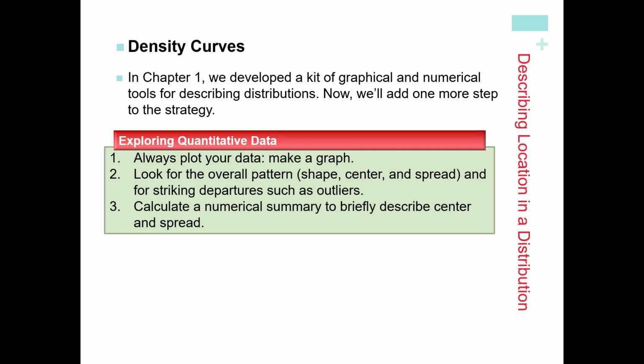Stem plots I may have mentioned. Also box plots are going to be very important. Generally the next step is to look for the overall pattern in the data. So things like shape, center, outliers, and spread. Remember your socks, right? The third, you want to calculate a numerical summary to briefly describe center and spread.